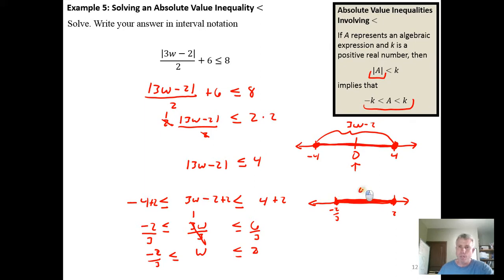And w would need to live somewhere inside of here. I'm asked to express my answer in interval notation. So in interval notation, I would say w must be an element of the interval. It's a line interval that includes negative 2/3 and runs all the way up to 2 and includes the 2, so I use the square bracket.